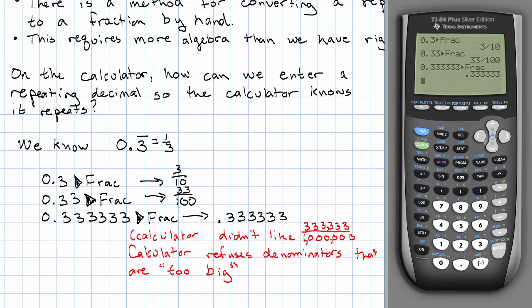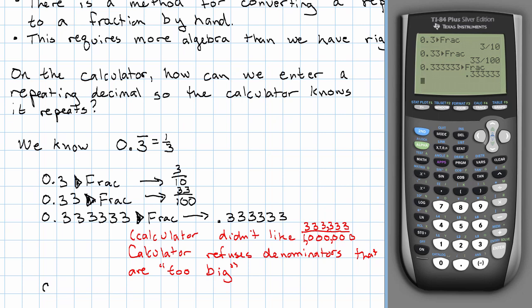Depending on which version of the calculator you have, it might have been okay with this denominator and disliked a bigger one. The reason that the calculator refuses to give us denominators that are too big is partially because it's kind of guessing at really big denominators, partially because it doesn't want to give us something as a fraction that really isn't, and partially so that it can recognize repeating decimals.